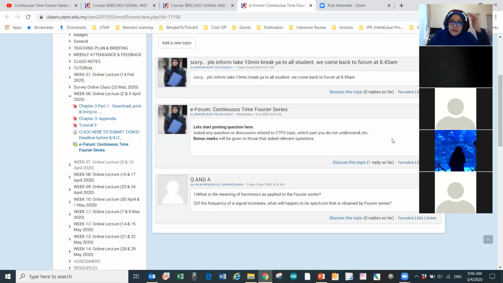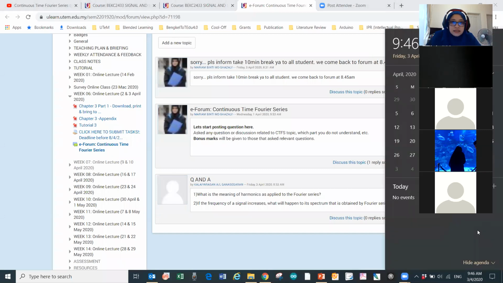About the semester for UTEM, I think the MCO is until 14 April, right? But according to the UTEM circular, I think some of you already saw it, it's until 27. It means classes start on 27, and students need to come back before 27.